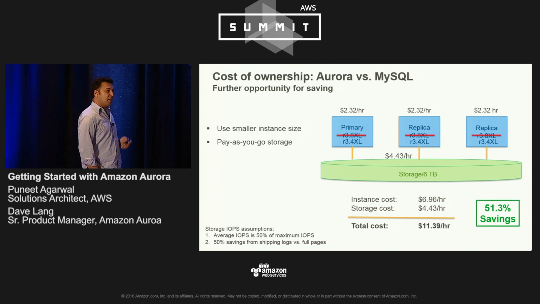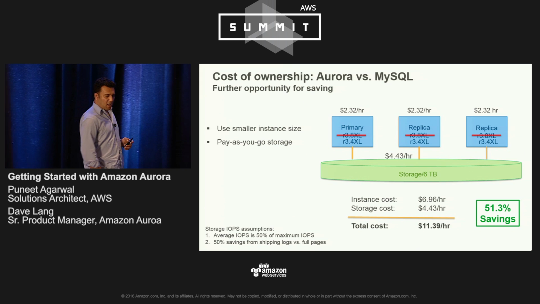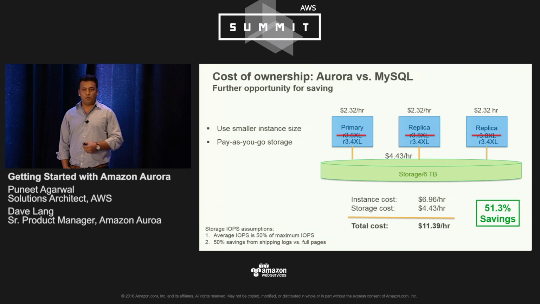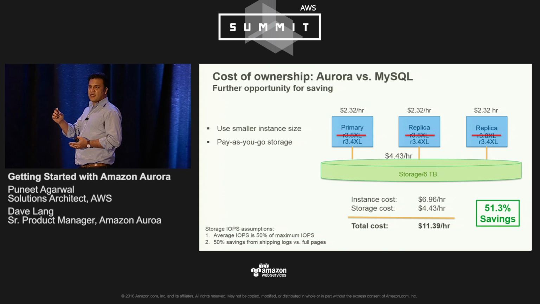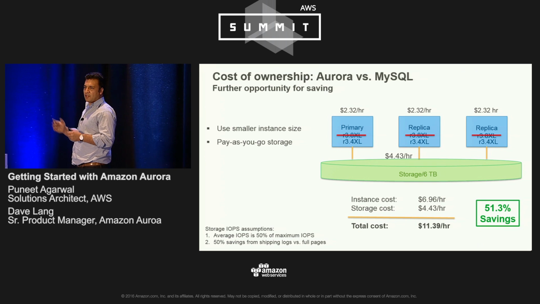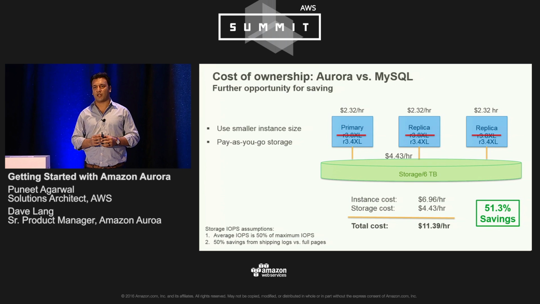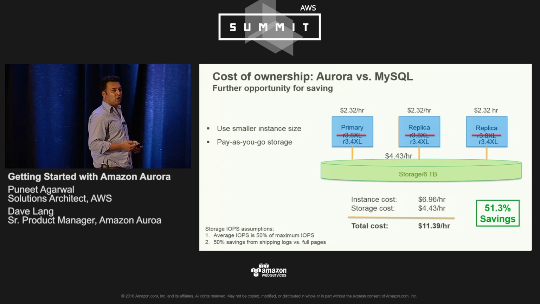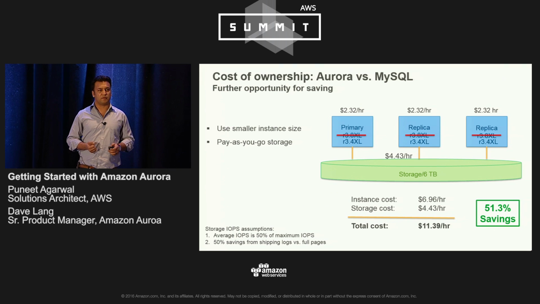Let's take this one step further. Since Aurora offers you significantly more performance than RDS MySQL, you may decide to change the size of your instances from R3 8 extra large to R3 4 extra large. And if you do that, you save about 50% over RDS MySQL.